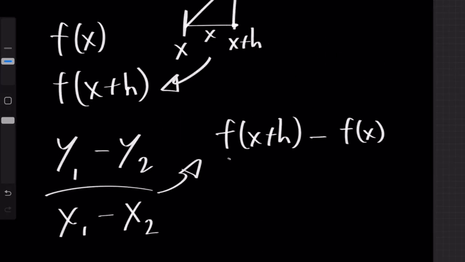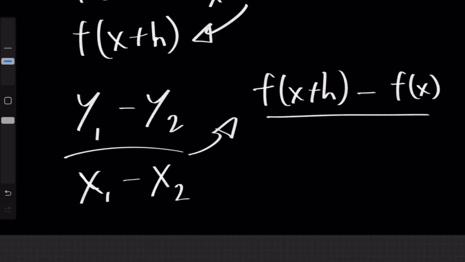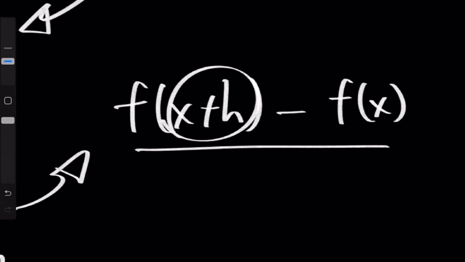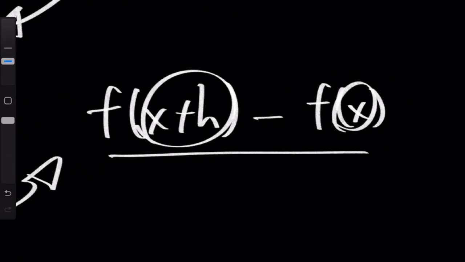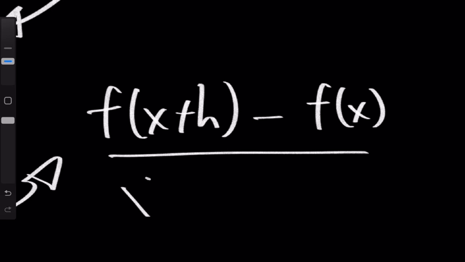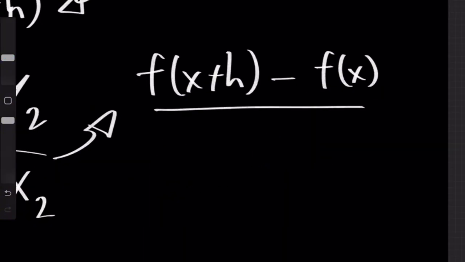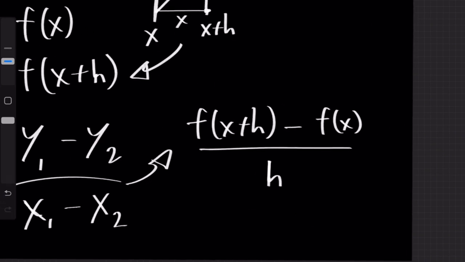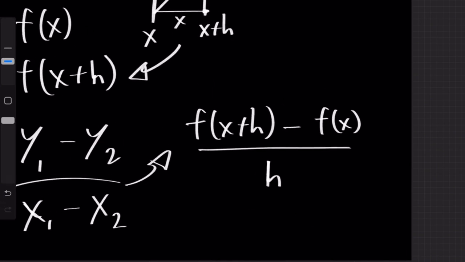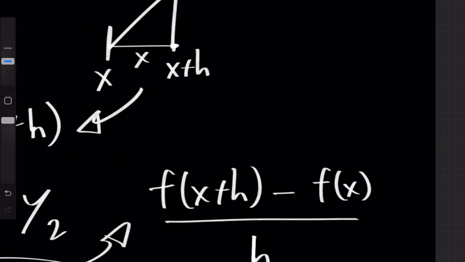We can rewrite that into this, and it's all going to be over x1 minus x2, which is the things inside. So it's x plus h minus x, and these two cancel, leaving us with h. So that's the more algebraic way of viewing rise over run.